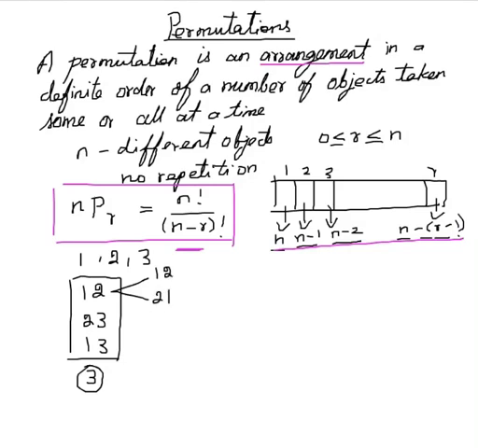It can be 12 or 21, or here we can form 23 or 32, and here 13 or 31. We have 6 permutations. The number of permutations will always be more than the number of combinations.